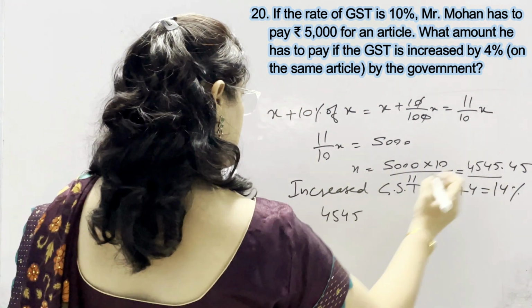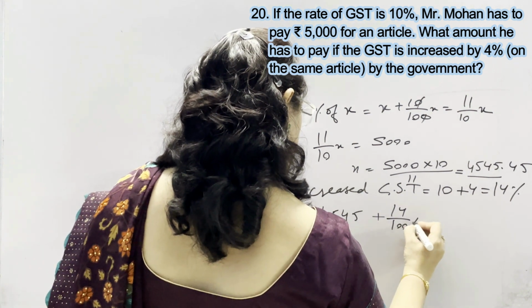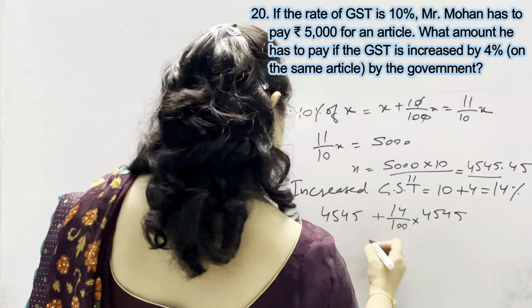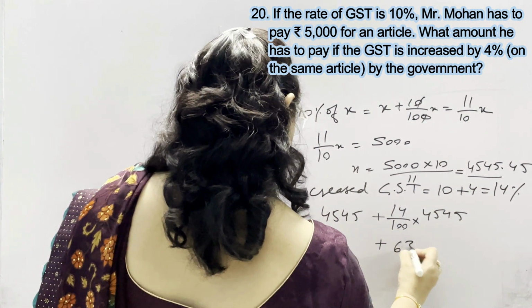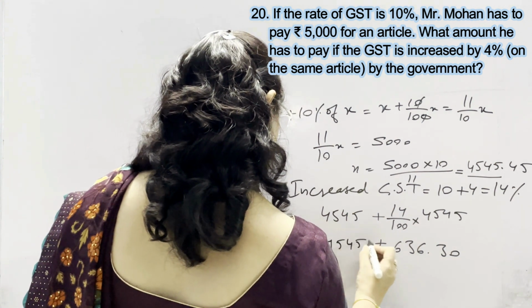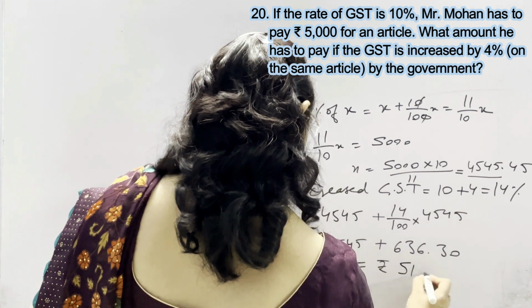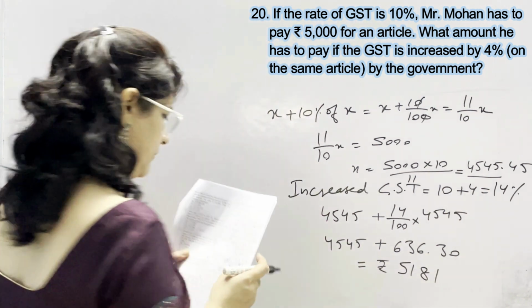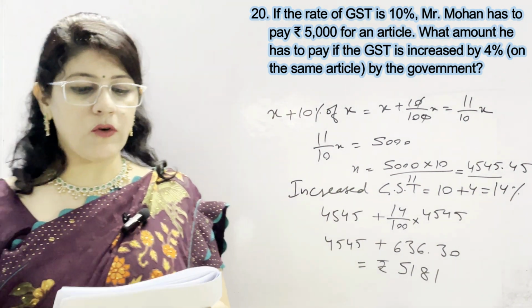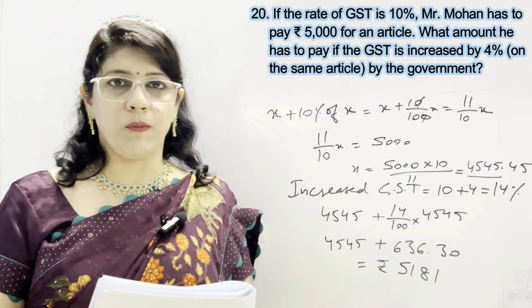We are ignoring 45 paisa there and then 14% of 4545, after calculation, 636.30, and then adding this, amount comes out to be rupees 5181. 5181 is the total amount which Mr. Mohan has to pay now with increased GST of 4%.